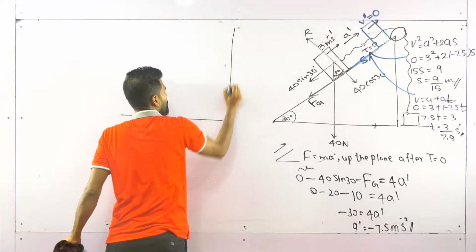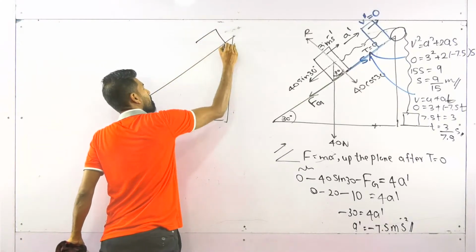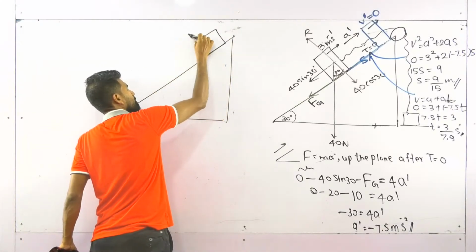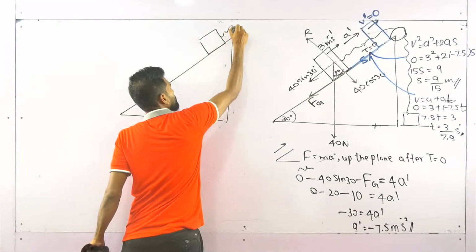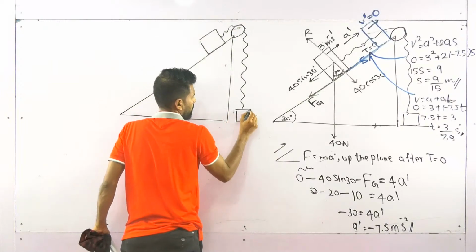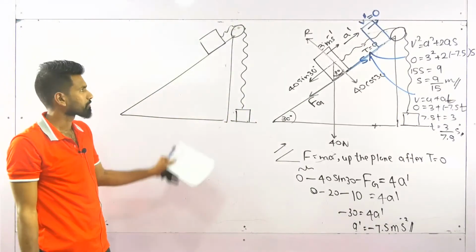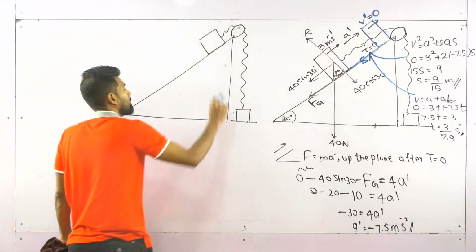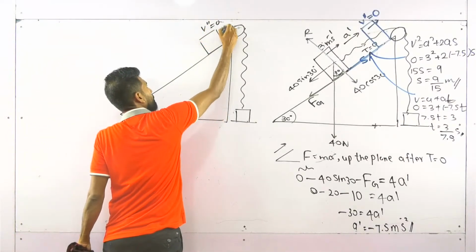I have to draw the image again. Now, with this 4 kg mass in a higher position, the string is definitely in a situation where there is no tension, and the velocity is also 0. No tension.